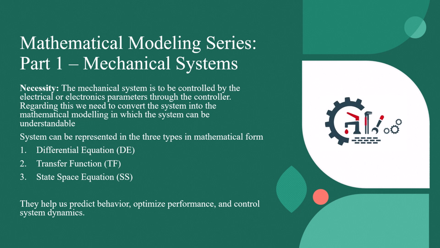Using these three types, we can make any system mathematical. It helps us know how the physical system behaves at low voltage, at high voltage, and in sudden ups and downs. We can easily identify, at least 50 to 60%, how the system behaves in different scenarios.